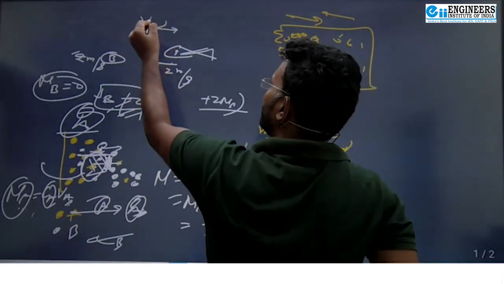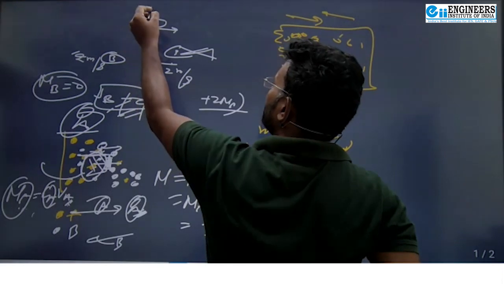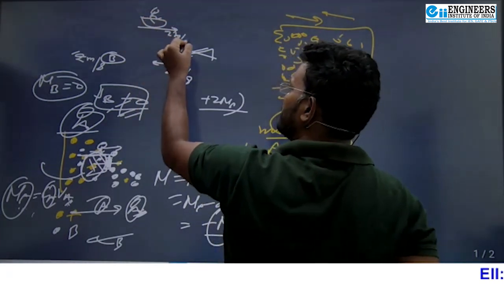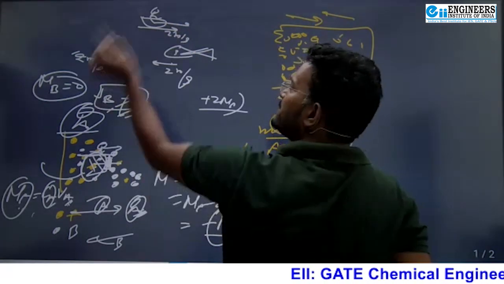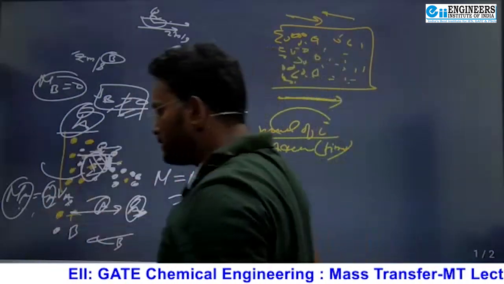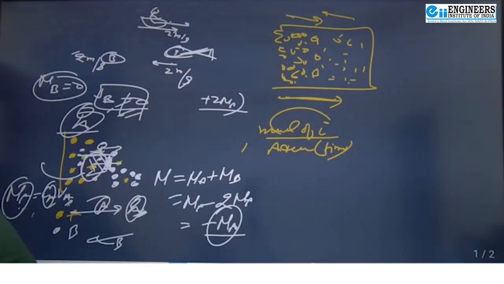Now the fisherman starts moving on the boat, which is moving with the velocity of the current, again 2 meter per second. Now he is able to see that this fish is moving with the velocity of 2 meter per second. Yes or no? Bolo bhai.